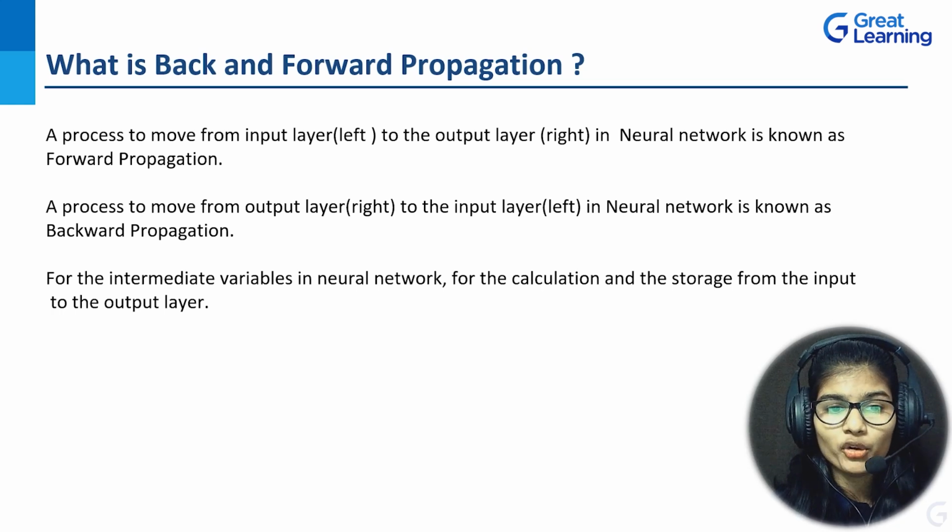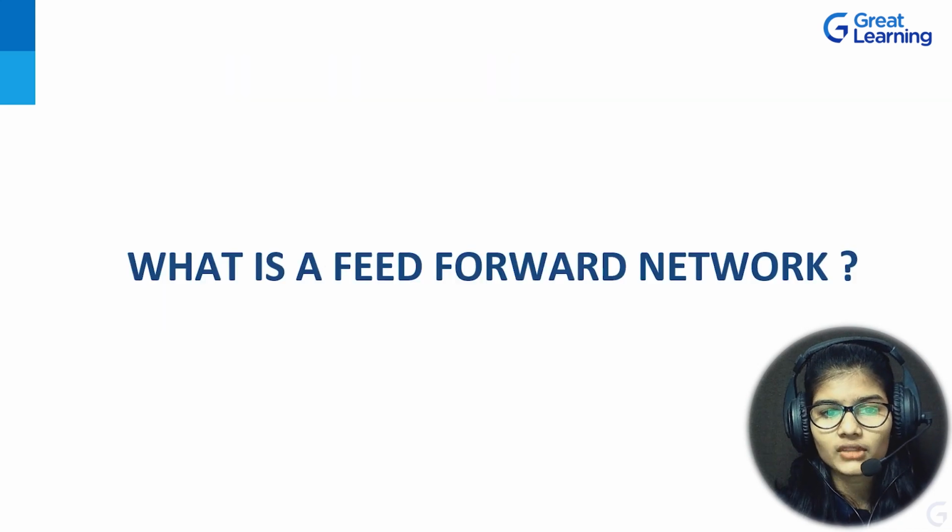And moving from the output layer on the right to the input layer on the left is known as backward propagation. These are the things done for the calculation and storage of intermediate variables in a neural network, from the input to the output layers.